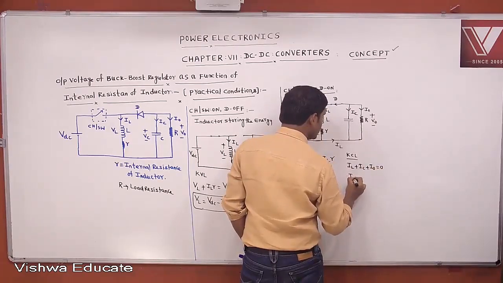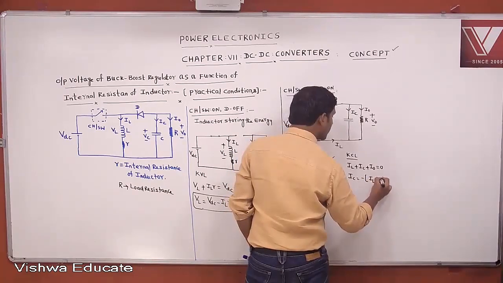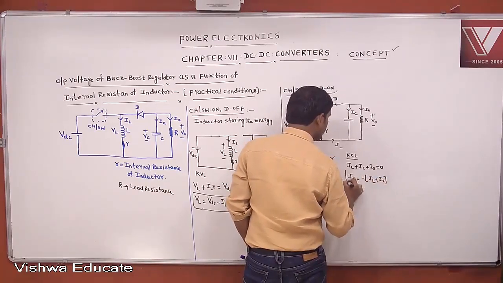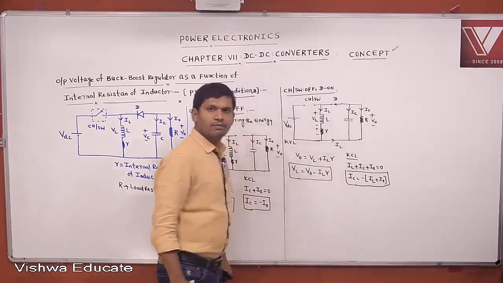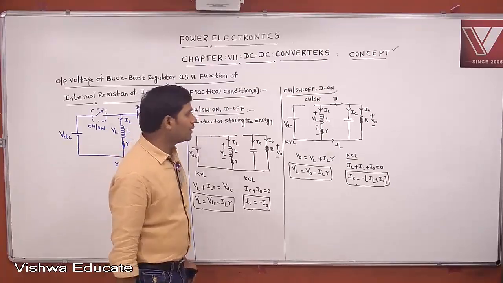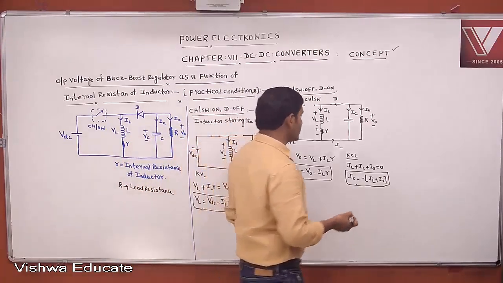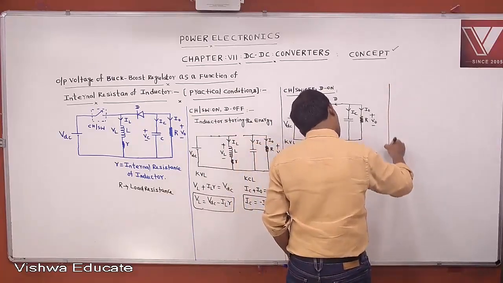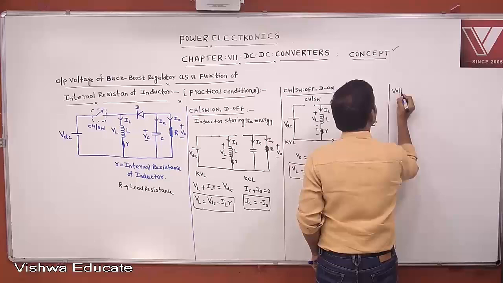Then IC equals minus of IL plus I0. Clear? IC equals minus of IL plus I0. Then to derive the formula, go for the volt second balance. What is the volt second balance?